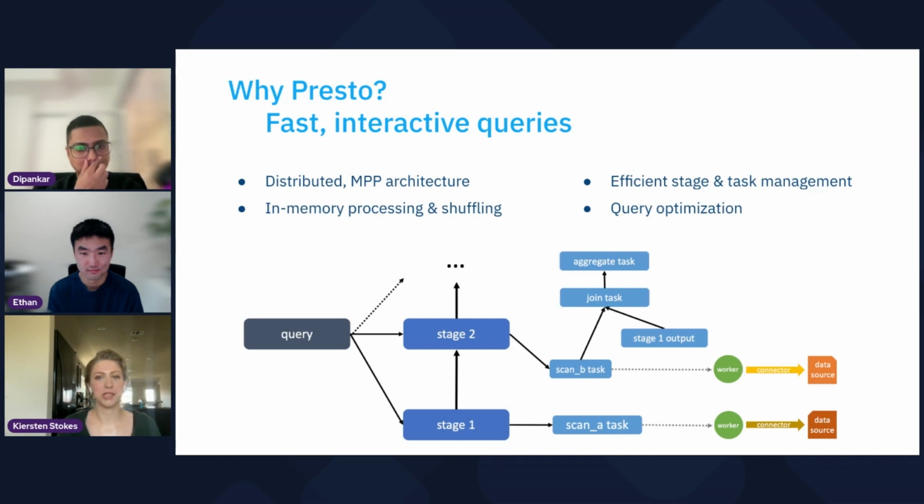And this makes it possible to run hundreds of concurrent queries on up to thousands of worker nodes. So as you can sort of see in this diagram on that bottom right, workers basically work on all their tasks in parallel, and each uses the relevant connector to access whatever the underlying data source is. So, using the example of a federated query, that connector and data source will potentially be different.